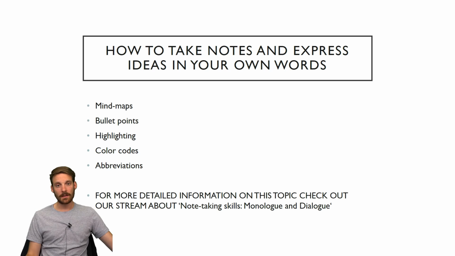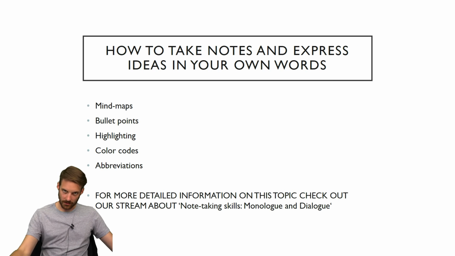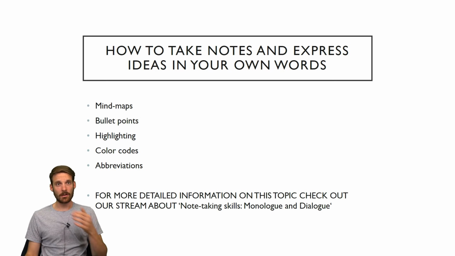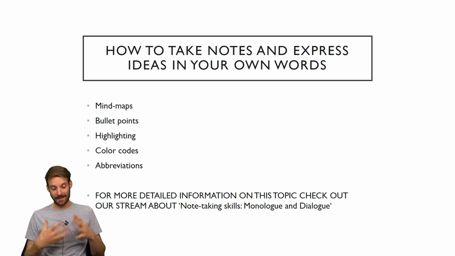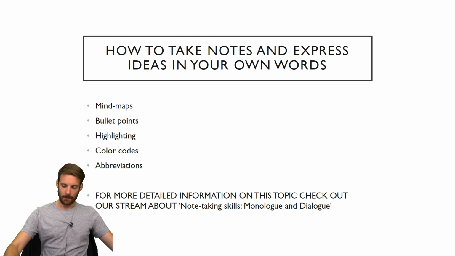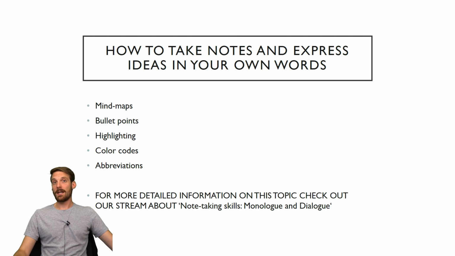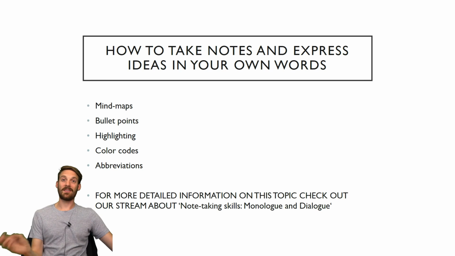Color coding is basically also using a text marker, but with color coding, as the name says, different colors, for example yellow, green or red, have a specific meaning assigned to them.